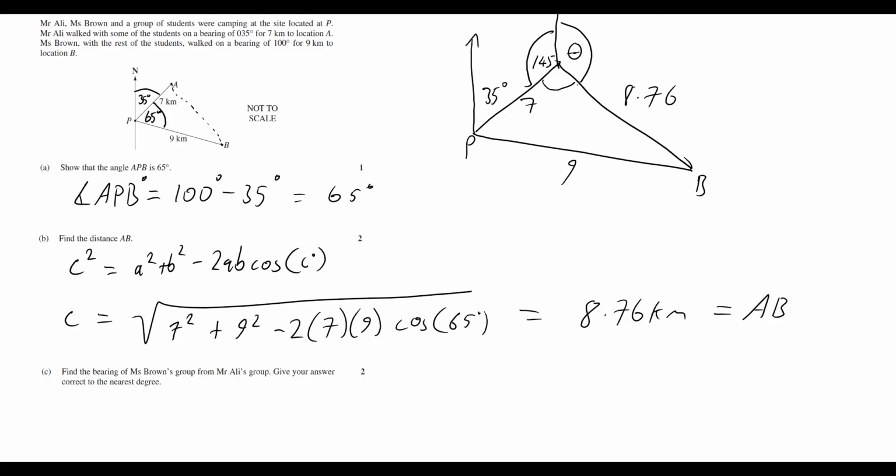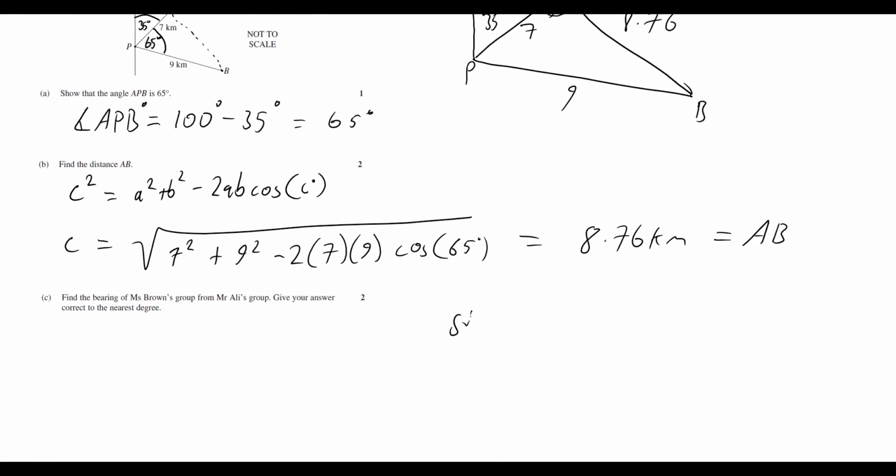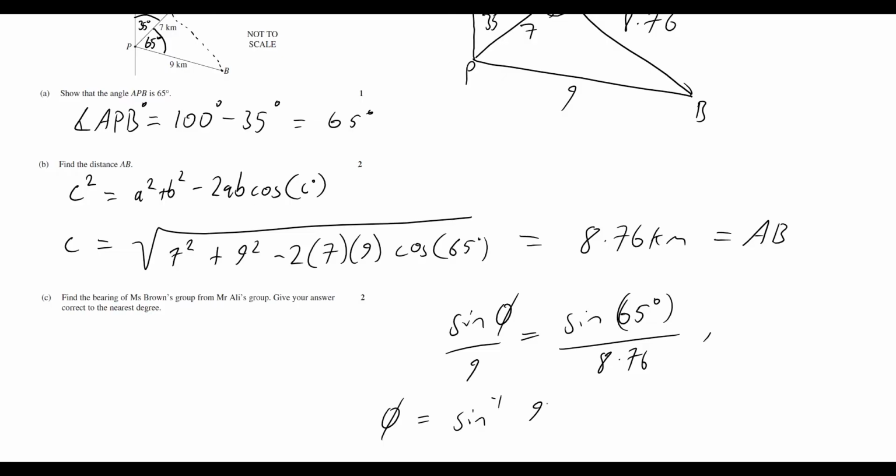So now, in order for us to figure out this angle here, let's call that angle phi, what we'll do is, I'll write this down below, we'll say that sine of phi over 9 is equal to sine of 65 degrees over 8.76. And so all we need to do now is quickly solve for phi. So we see that phi is going to be equal to sine inverse of 9 sine 65 degrees over 8.76. And there we are.